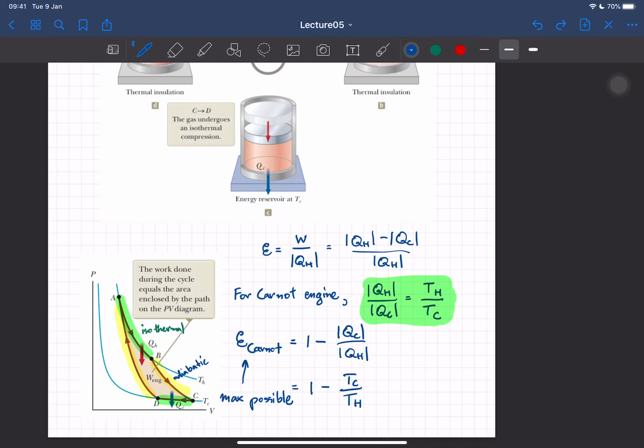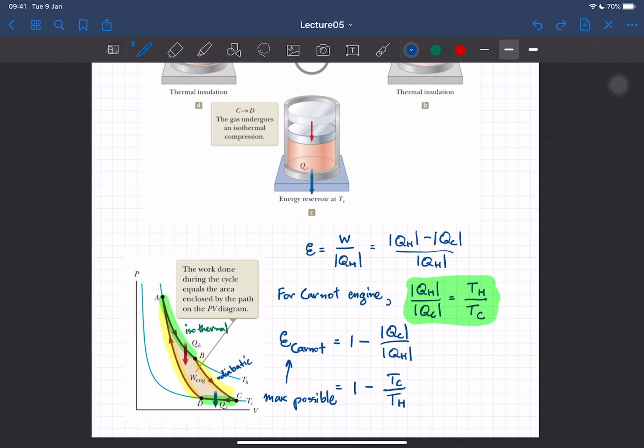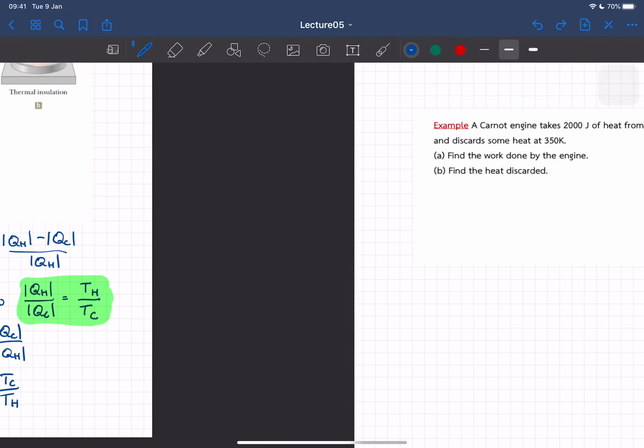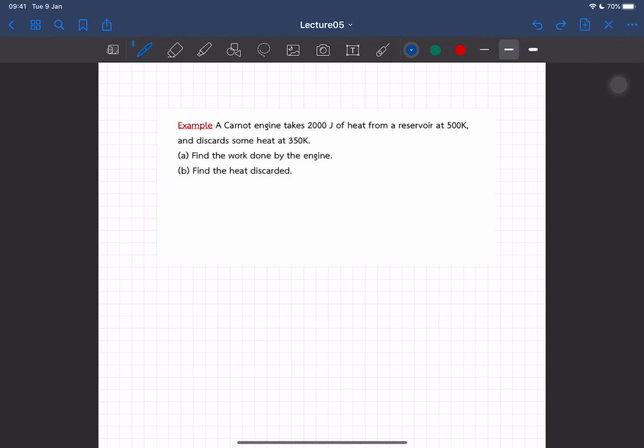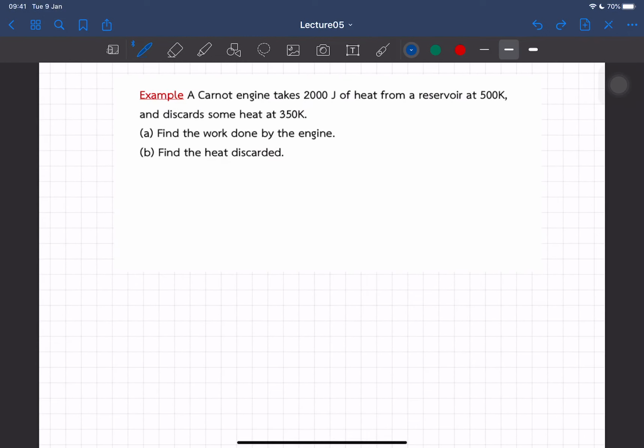Okay, so let's look at this example quickly before the end of our session today, right? So we have a Carnot engine. Well, this is a very important keyword, right?